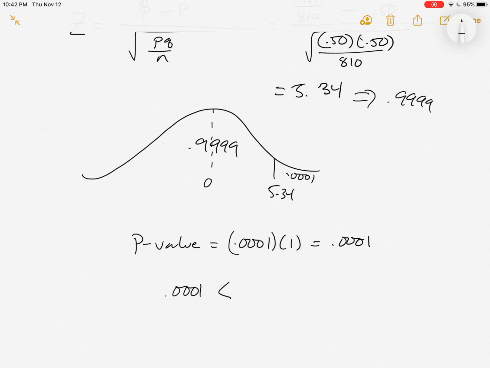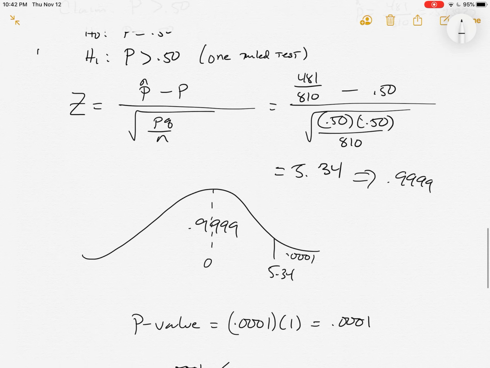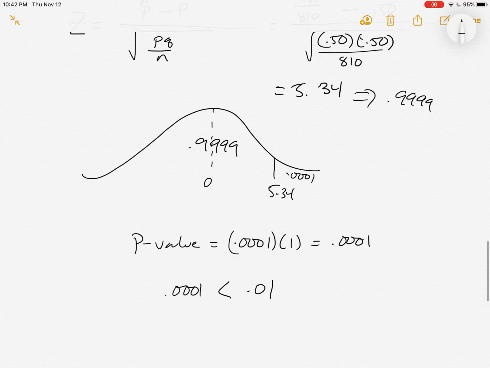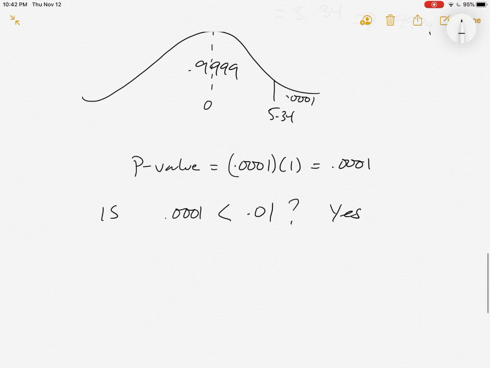0.0001 is less than the stated level of significance of 0.01. So I'll put: is 0.0001 less than 0.01? And the answer is yes. So therefore, what are we doing? We're going to reject the null hypothesis.